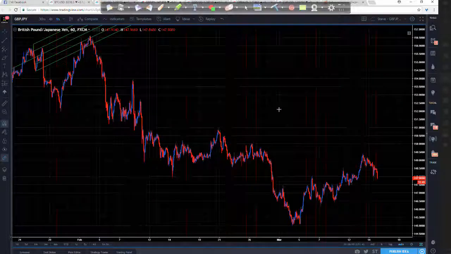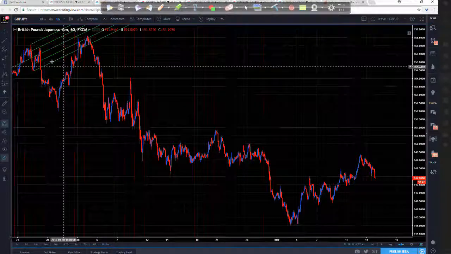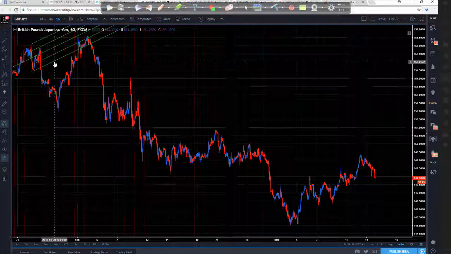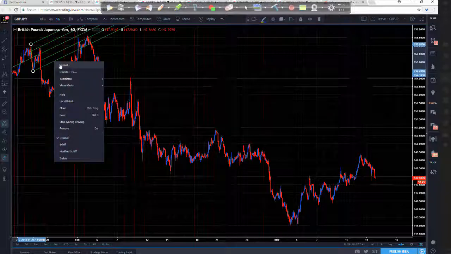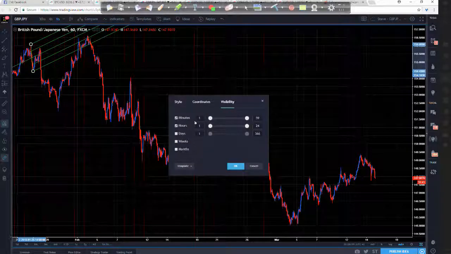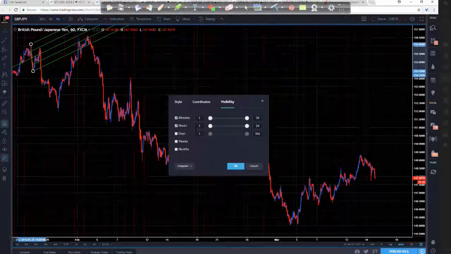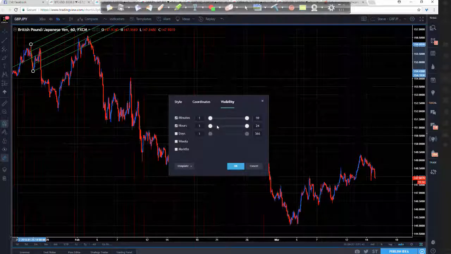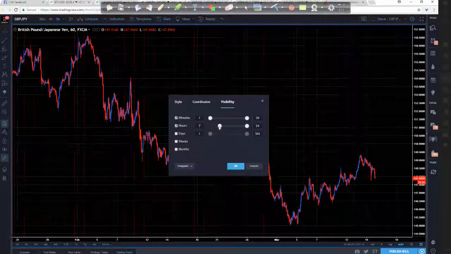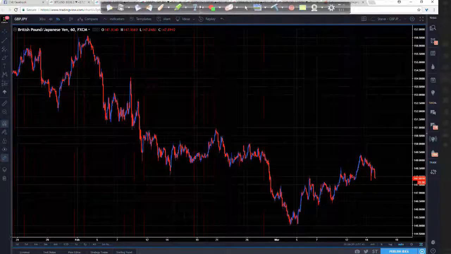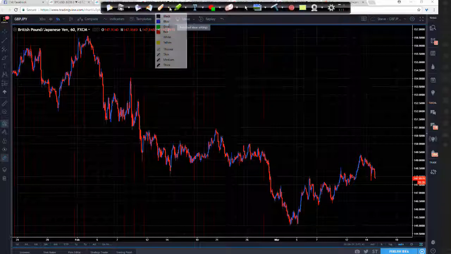So right off the bat, you can see a couple things. You can see there's a prevailing downtrend, right?